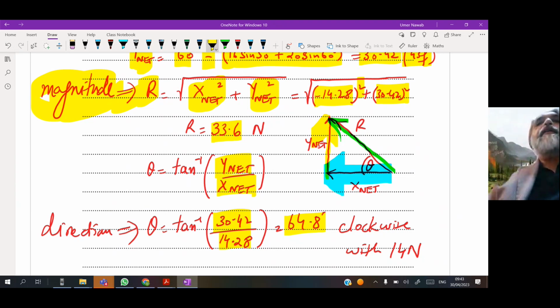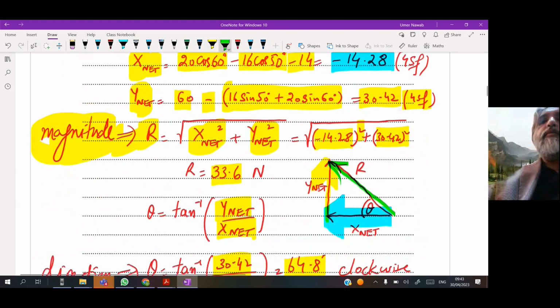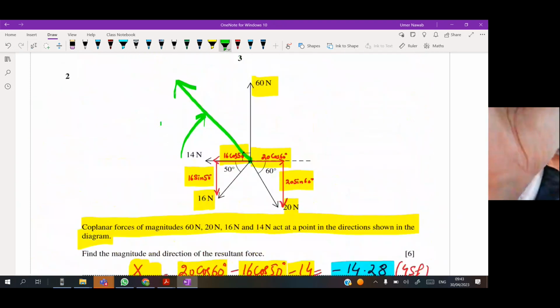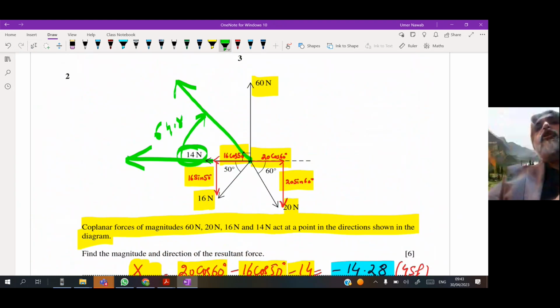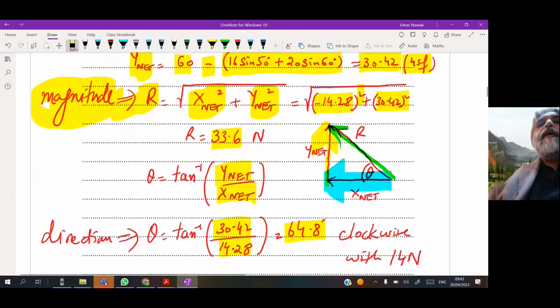So 64.8, guys, this is this angle, which came to me as 64.8 degrees, and it is making with the 14 Newton force. So which direction is it? It is a clockwise direction that your resultant is making.